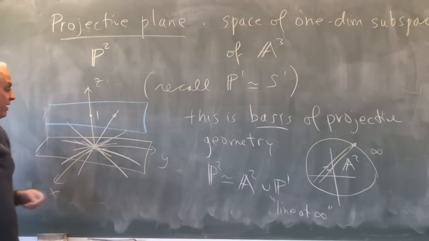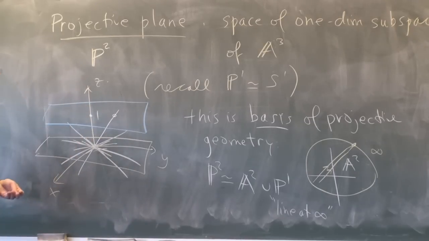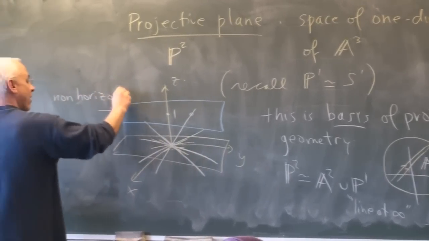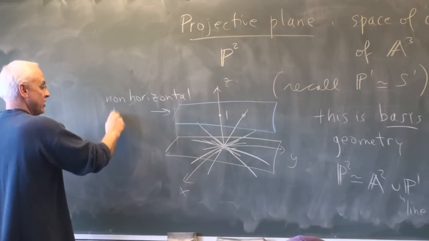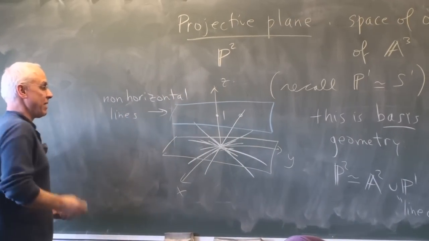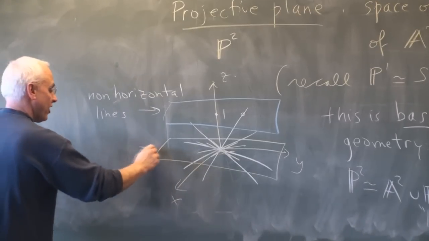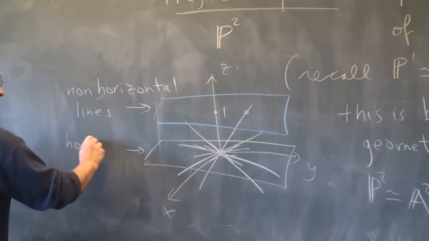And points in this plane, this reference plane or auxiliary plane, exactly label the non-horizontal lines. So in here, we are seeing the non-horizontal lines or one-dimensional subspaces. And here we're seeing the horizontal ones.